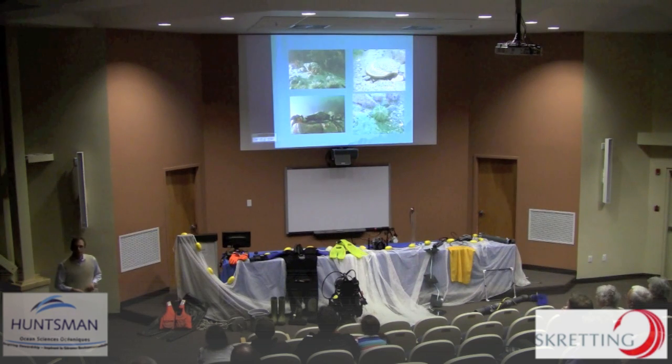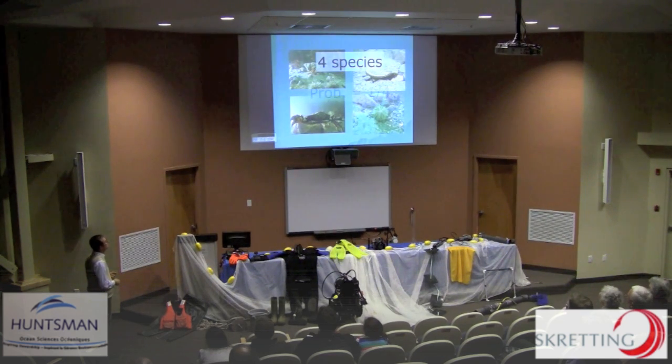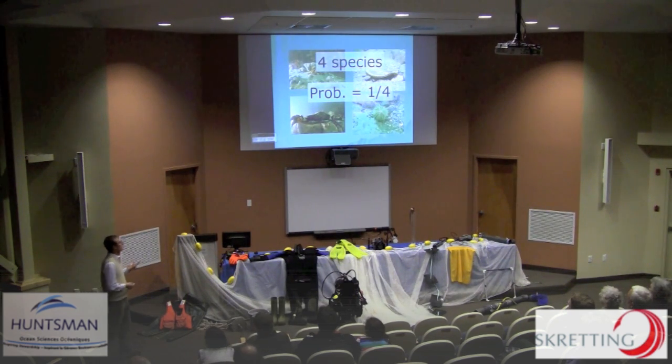If I went back to that same beach a year later, threw the net in, this time I catch a hermit crab, rock crab, scallop, and a green urchin. What can I say about the diversity now? Well, gee, I caught 4 species. It seems more diverse. The probability of me catching any one of those 4 species again is 1 in 4, 25%.